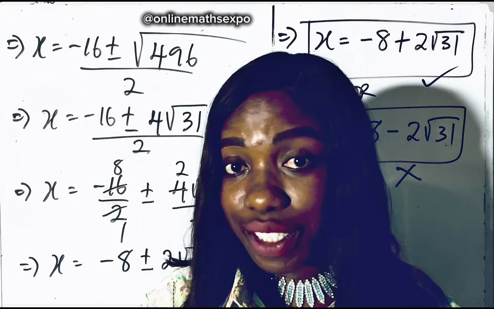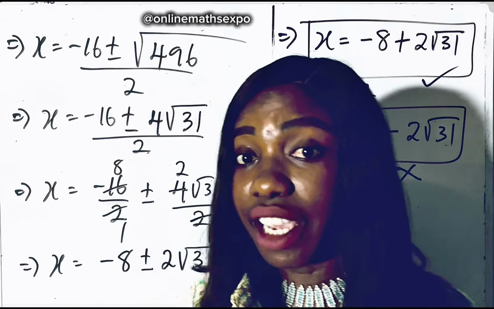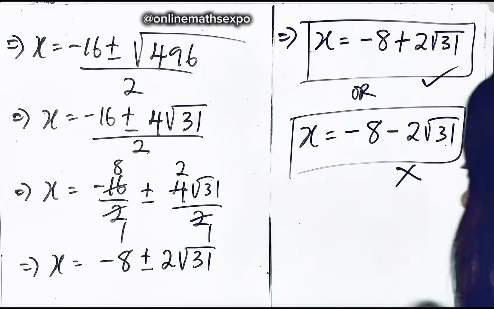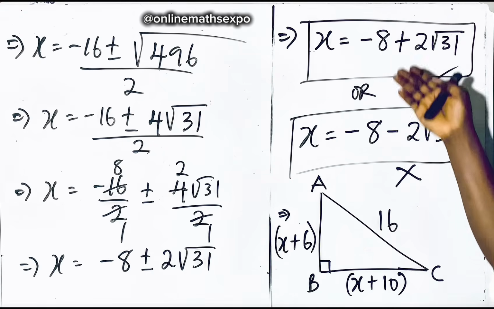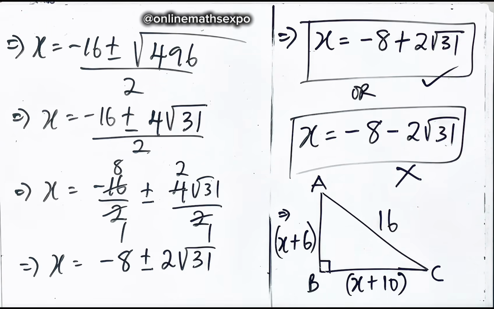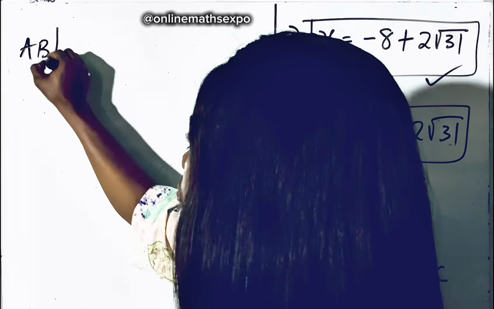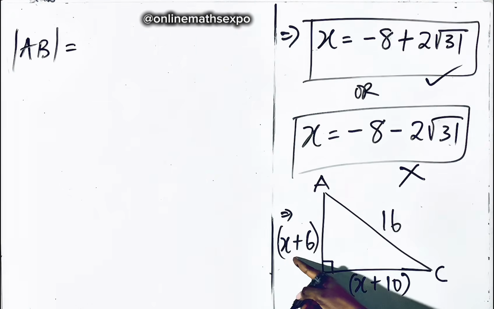We are going to replace it back in the shape so that we can now find the area. Let me take you through that. So remember, substituting this x value in this side, length AB is going to be x plus 6.